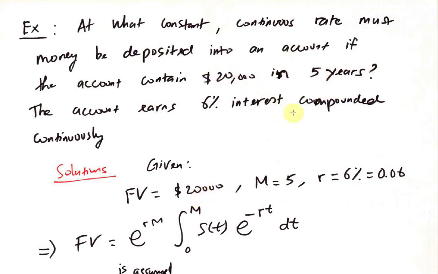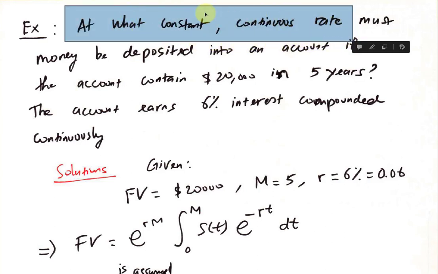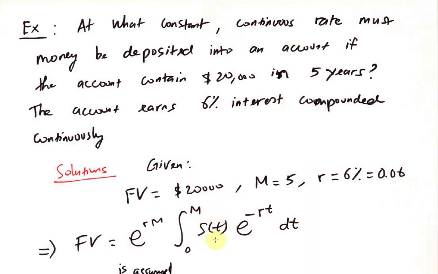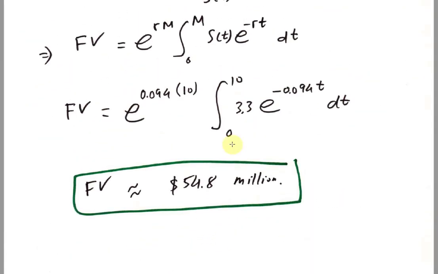We got M, the big M is 5 years. 6%, this is the annual rate, which is 0.06. Now they ask you for at what constant continuous rate, the flow of money, S of T. They ask you for S of T in the formula here.